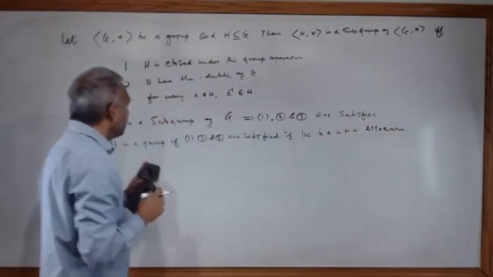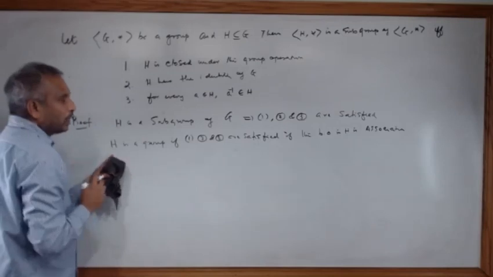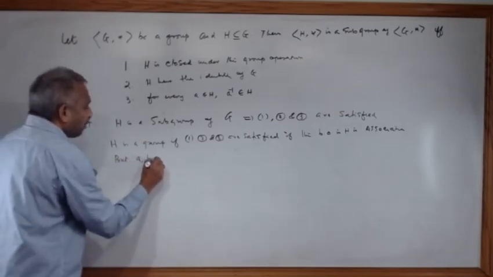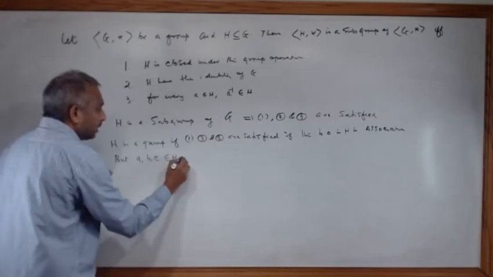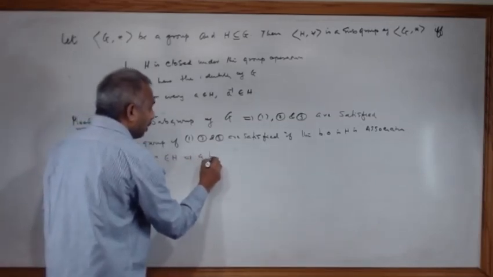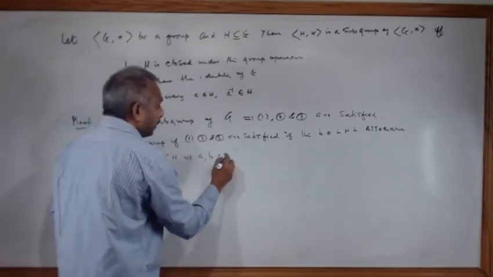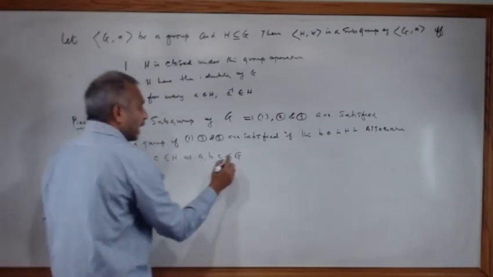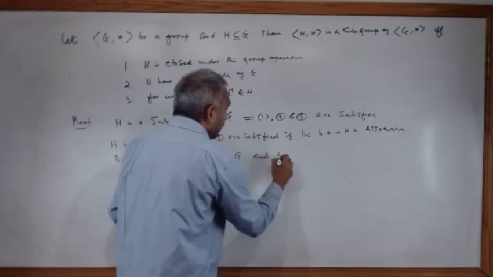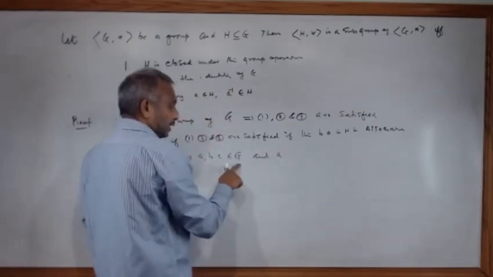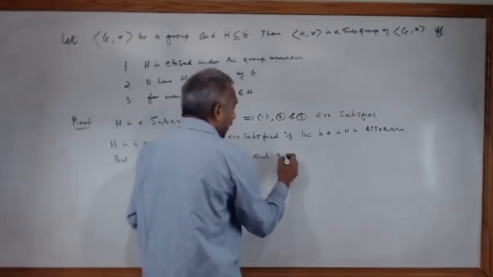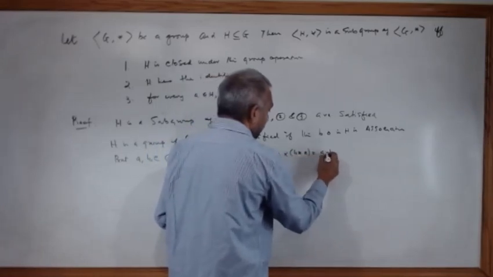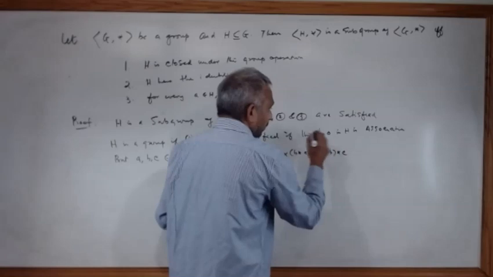That is the only thing which is not proved here. But a, b, c belonging to H implies a, b, c are in G, because H is a subset of G. And since these are in group G, (a star b) star c is equal to a star (b star c).